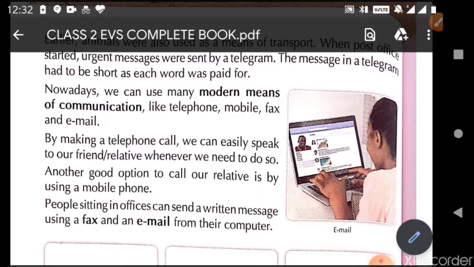Modern means of communication are fax, email, video conferencing. You are having your classes online. There are so many platforms on which classical programs and dance programs are also taking place.